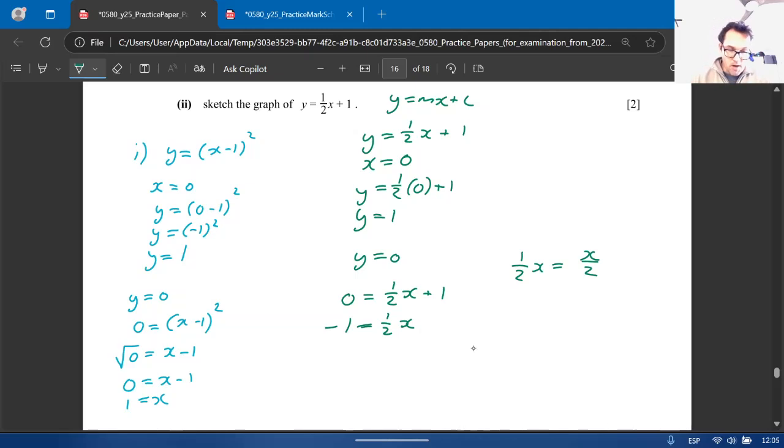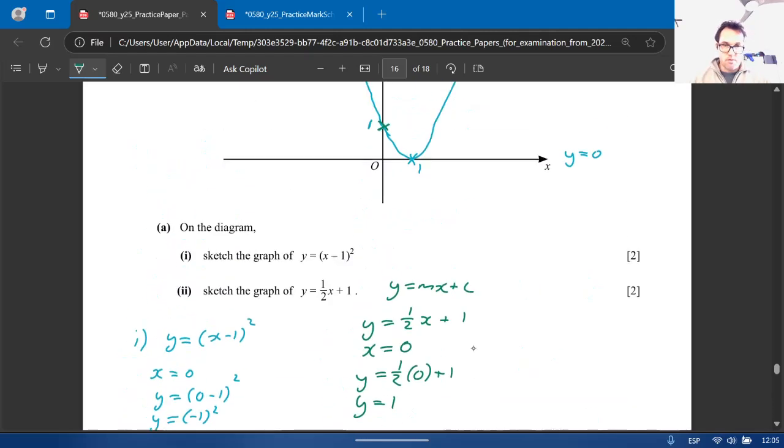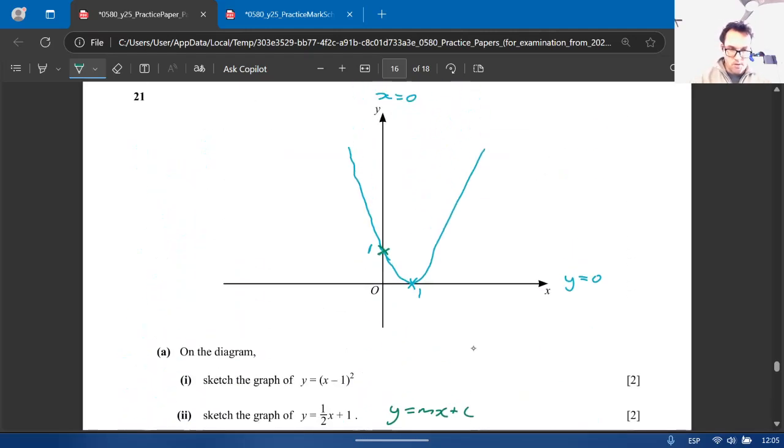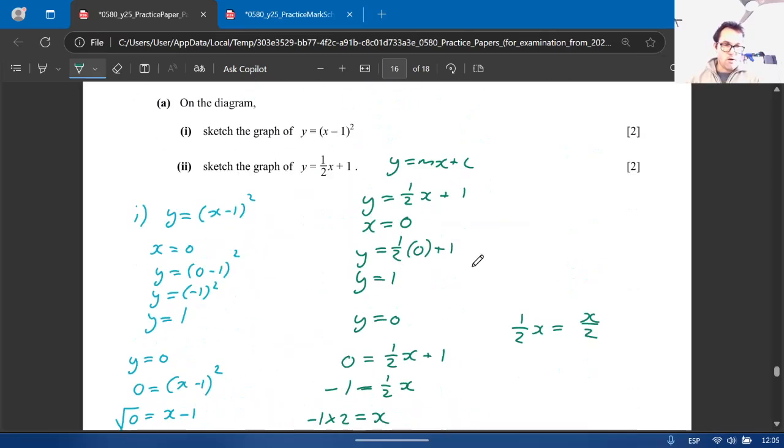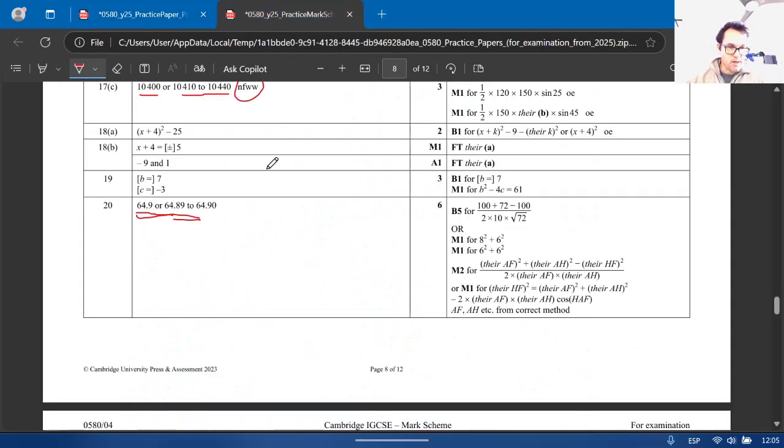So we multiply the 2 on the other side, or we divide it by a half. Either way, we get minus 2. X is minus 2. So we know it goes through minus 2. So just roughly, minus 2. You just guess what it is. Minus 2 will be there. Okay, so it will be a straight line. You draw with your ruler, going like this, crossing the graph twice. Let's check.